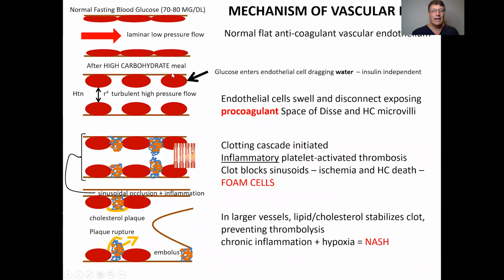Then after a high carbohydrate meal, glucose enters these cells and they round up. First thing they do is they compress the lumen. So now you've got back pressure. That's hypertension in the rest of the body, but it causes hepatic hypertension, portal venous hypertension. Intrahepatic portal hypertension.